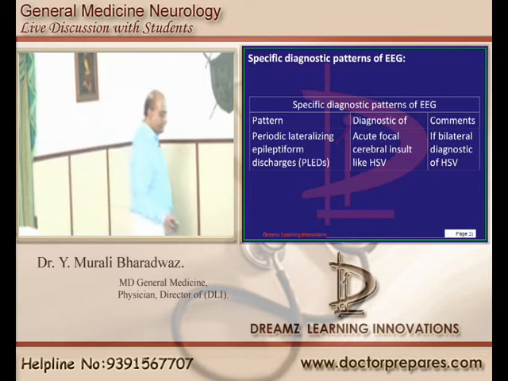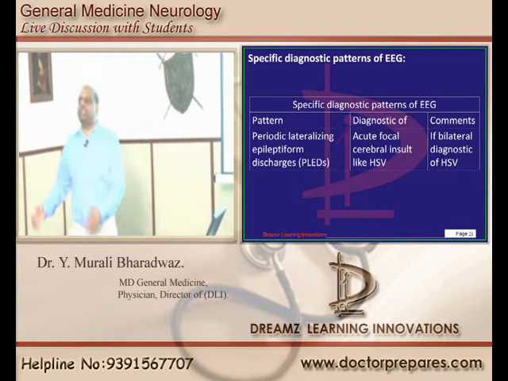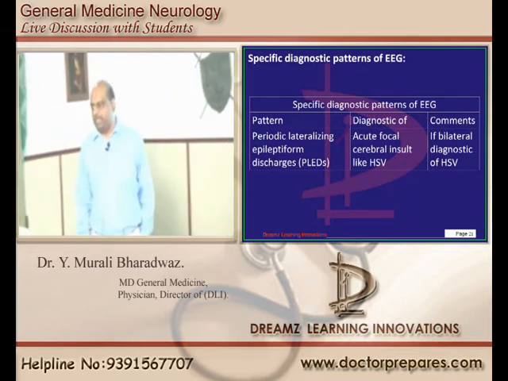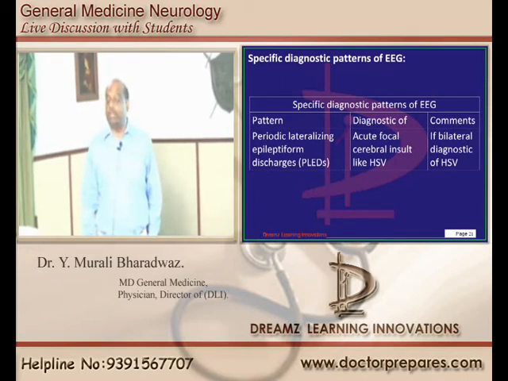Now tell me, doctor, how do you recognize a typical patient who is having HSV encephalitis? Typically, the patient is an elderly person, immunocompromised, lying on the bed in a comatose and stuporous state with a high grade fever, is a typical patient.